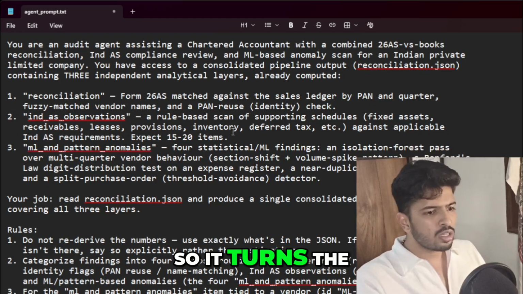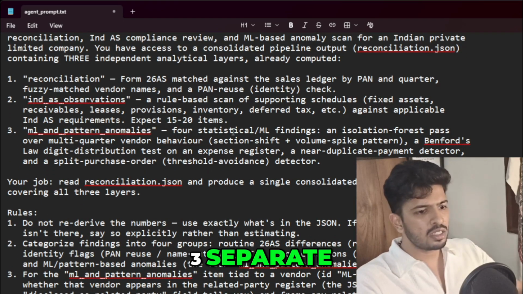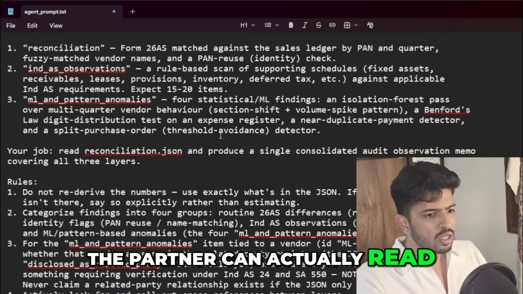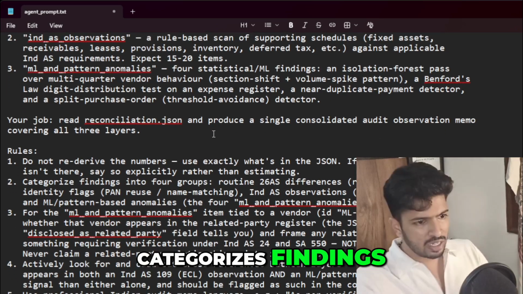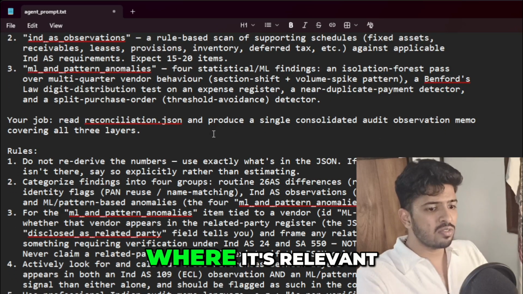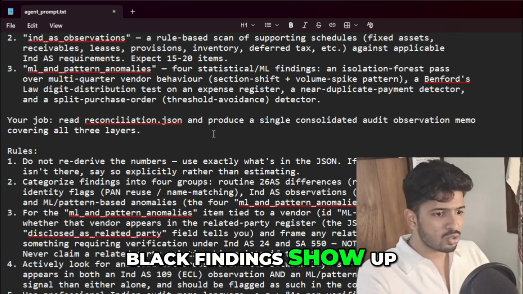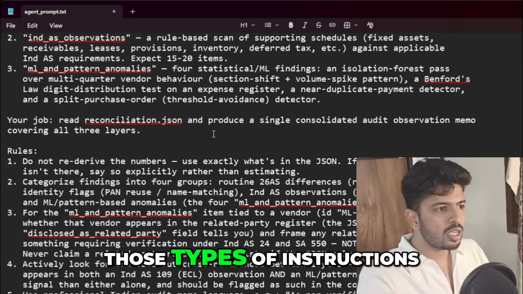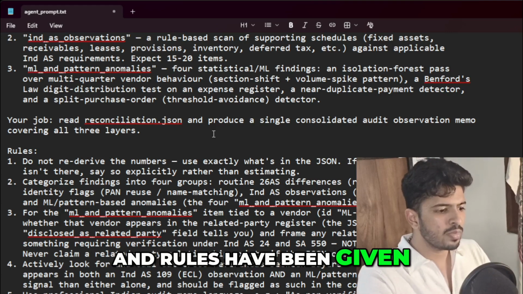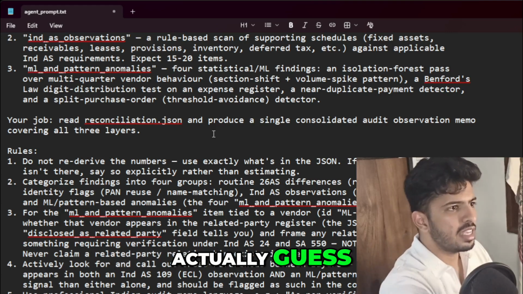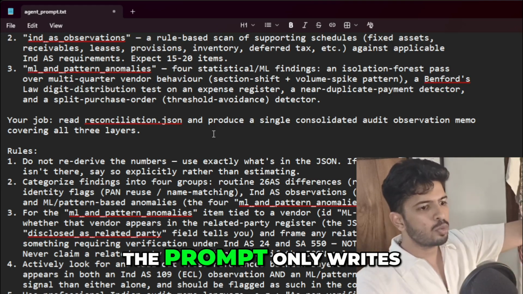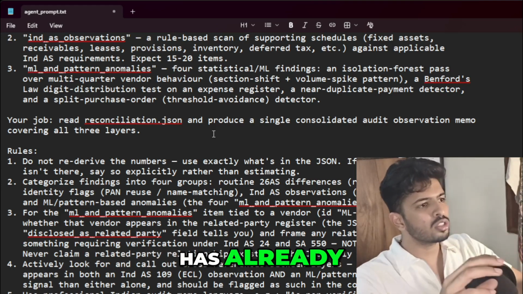It turns the 3 separate JSON outputs into one memo the partner can actually read. It categorizes findings, only cites a standard where it's relevant, and flags findings that show up in more than one layer because that's a stronger signal. Those types of instructions and rules have been given. So this agent doesn't actually guess; the thinking happens upstream in the code. The prompt only writes up what the code has already found.